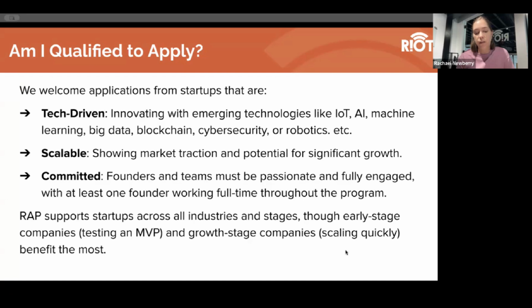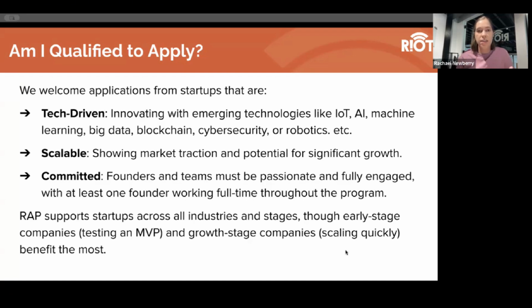And they are at a point where they are starting to work with early customers or a pilot partner to test the technology and further validate their market, or they're really ready to scale up their sales. So that tends to be a great fit for us.